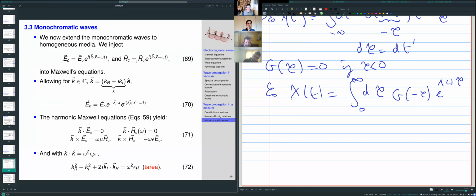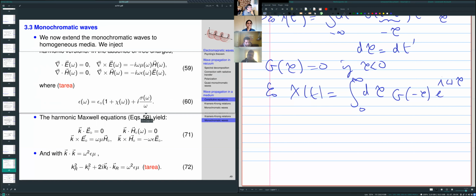This you've seen thousands of times, but this time we will allow the vectorial wave number to be complex, in some direction E. This way we can write this complex electric field in terms of a damping component, which is due to the imaginary part of the wave number, and the oscillatory term is due to the real part of the wave number. So you plug this into the Maxwell equations.